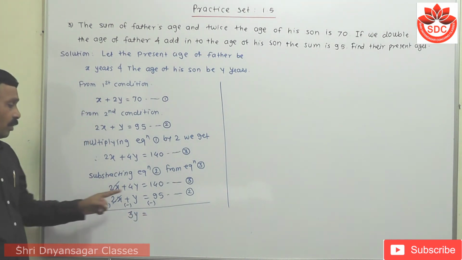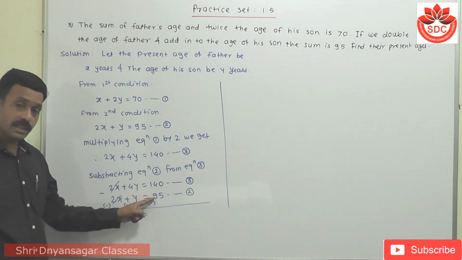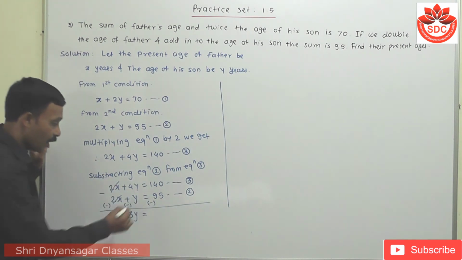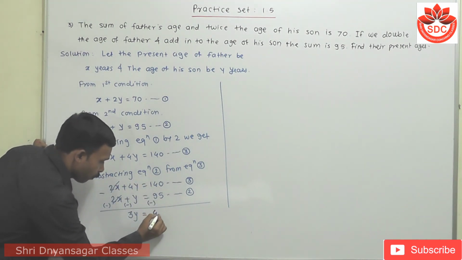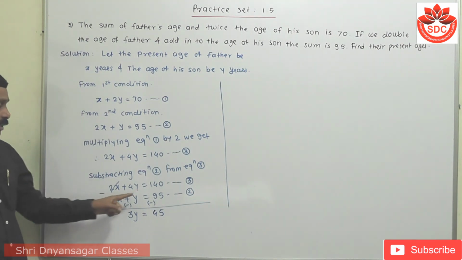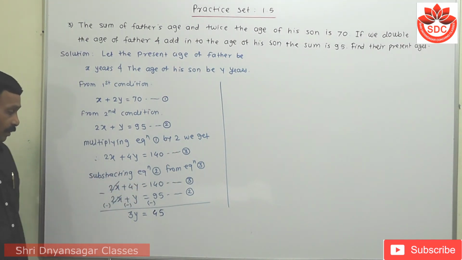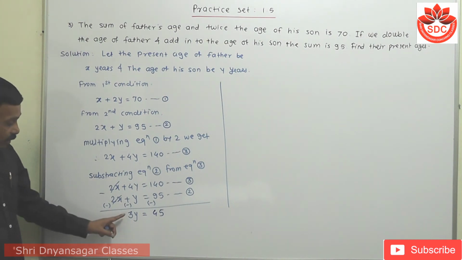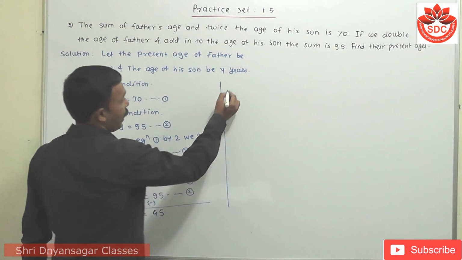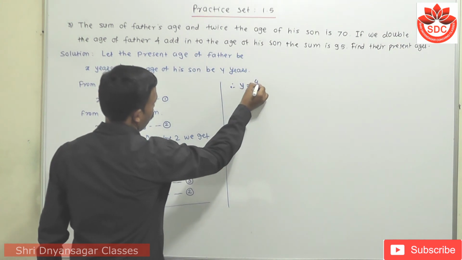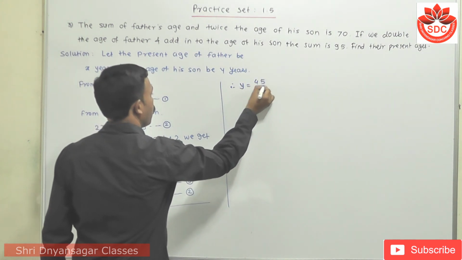Then from this 140 we subtract 95, then the remaining is 45, which has a plus sign because the bigger number is 140. Now these 3 go to denominator, so y is equal to 45 upon 3.